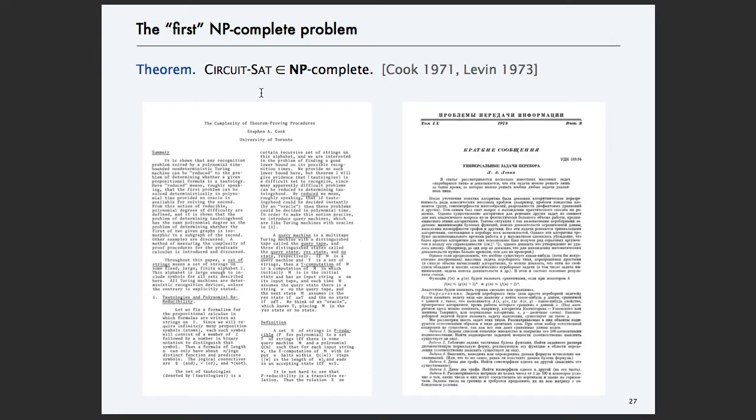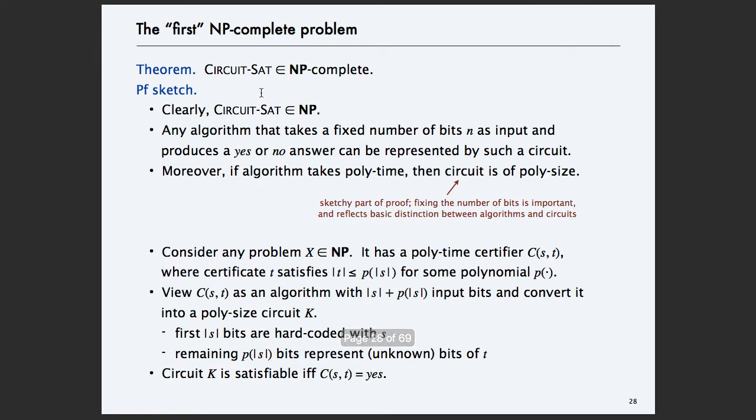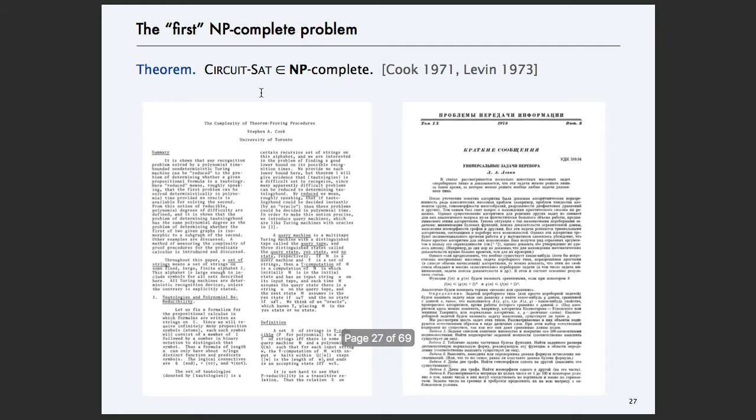That was the first one that was proven to be NP complete. We know that it is in NP because we have a fixed number of inputs, right?